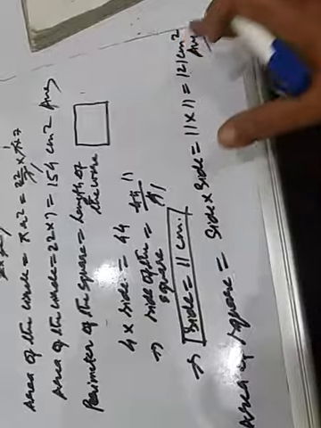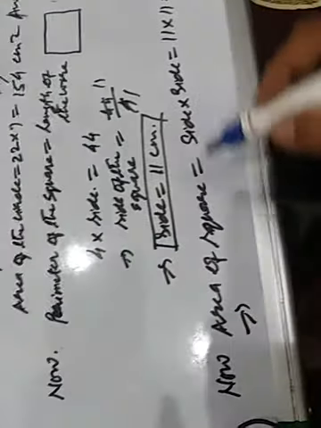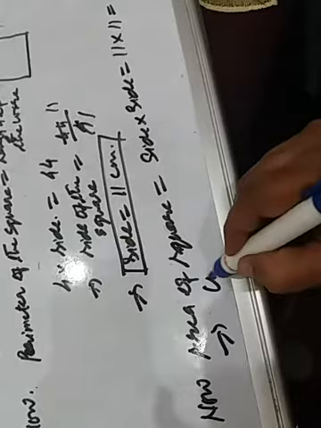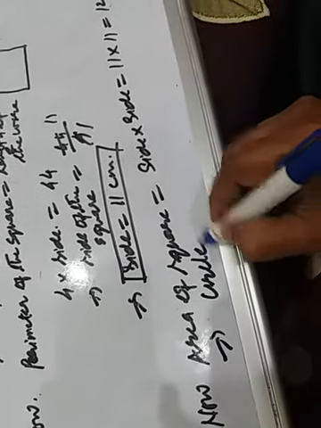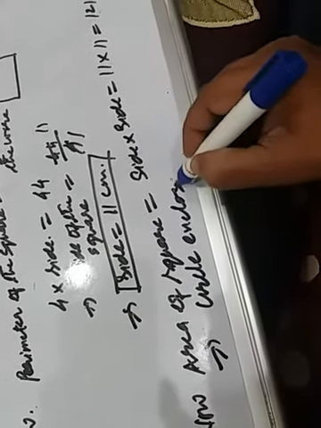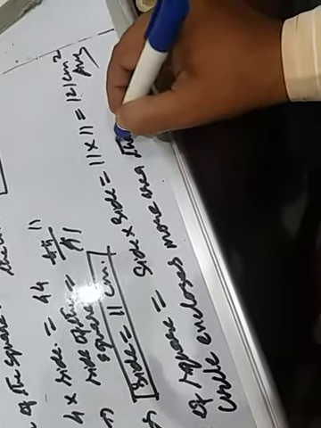If we see the area of square and area of the circle, then we find out that the circle encloses more area than that of the square.